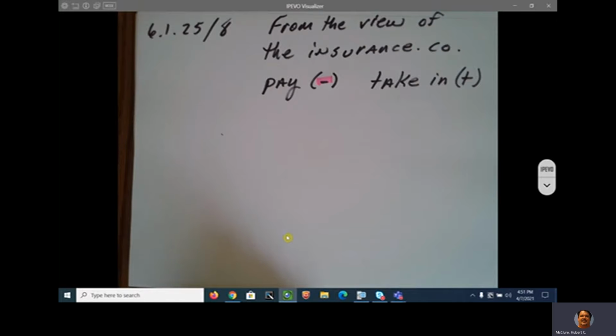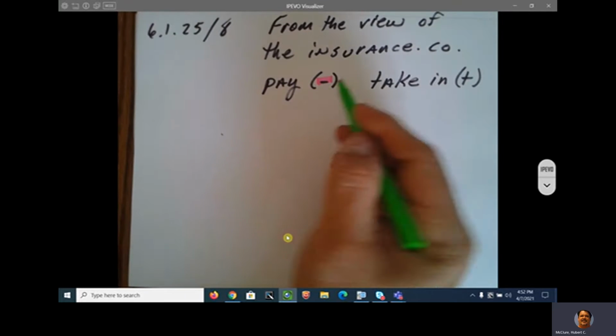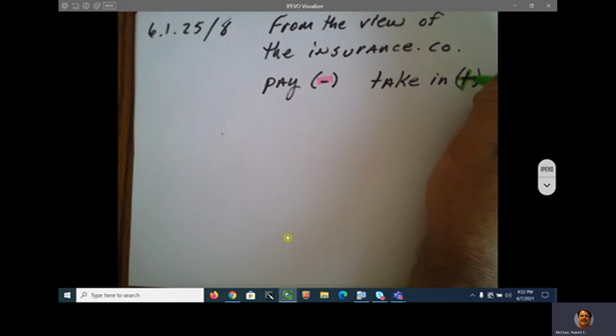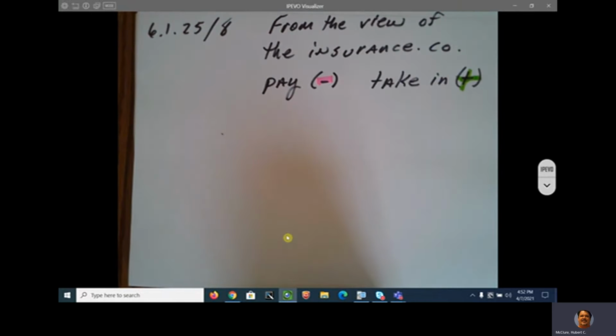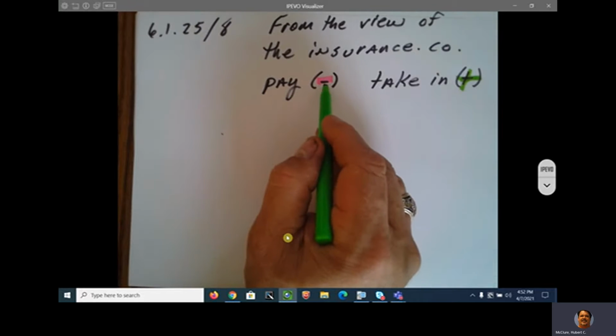Now, from the guy that does the air conditioner, from his perspective, I paid him $300, but he brought it in. So I put negative $300 in my checkbook.